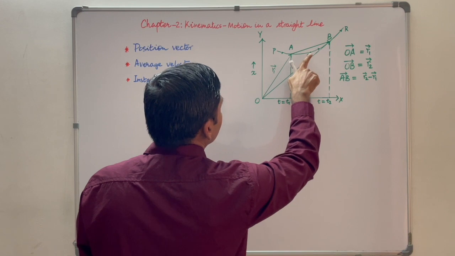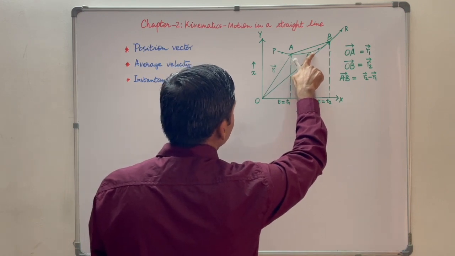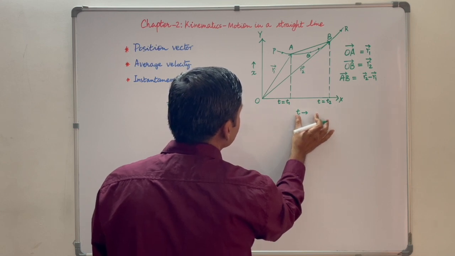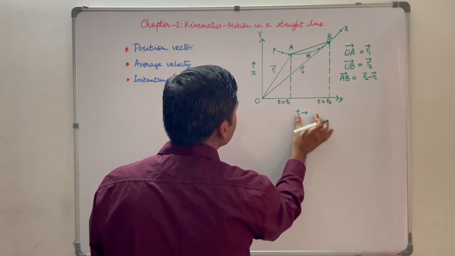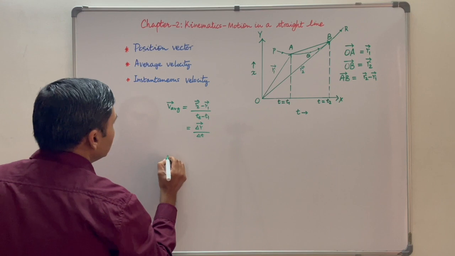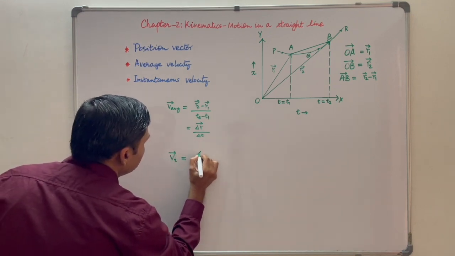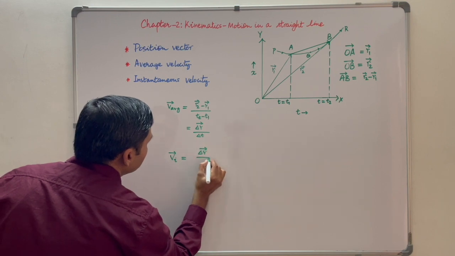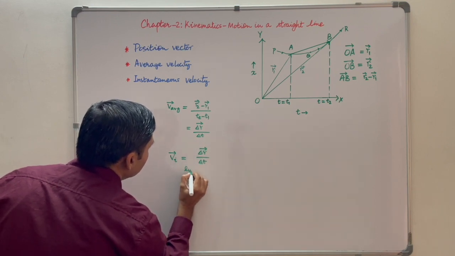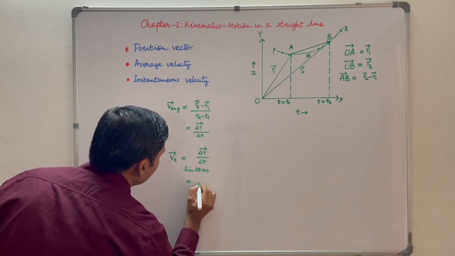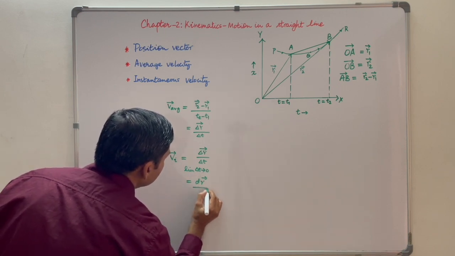Suppose we have to calculate instantaneous velocity at point Q. Then this time interval has to shrink, means delta T should tend to 0. Then instantaneous velocity Vi is equal to delta R upon delta t, limit delta t tends to 0, and that is equal to dr upon dt.